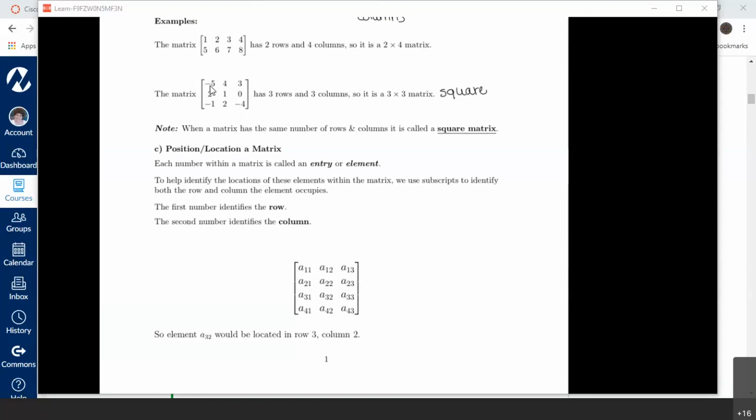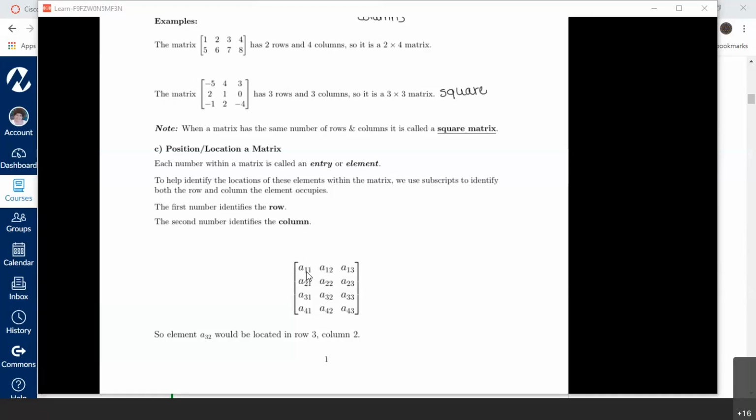The way you specify a location in a matrix is with a subscript. See this example down here: these numbers, 1 1, 1 2, 1 3, tell you where these entries are, and the A just corresponds to any number you want to put in there. It tells you where it is.